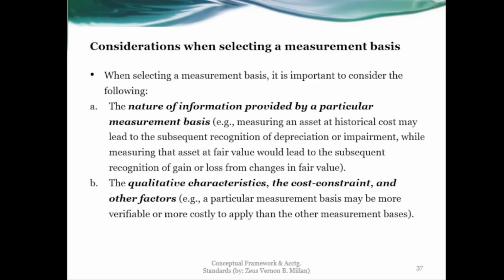Meaning, for example, measuring an asset at historical cost may lead to the subsequent recognition of depreciation or impairment, while measuring that asset at fair value would lead to the subsequent recognition of gain or loss from changes in fair value. Another consideration is the qualitative characteristics, the cost constraints, and other factors, meaning a particular measurement basis may be more verifiable or more costly to apply than other measurement bases.